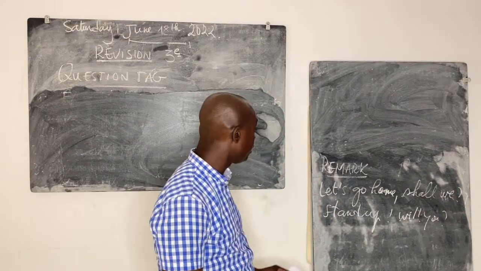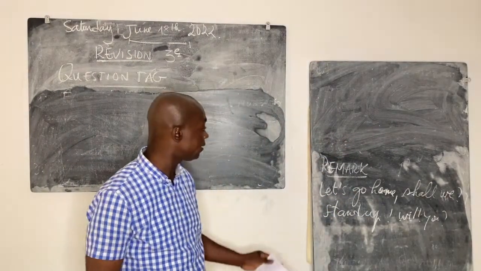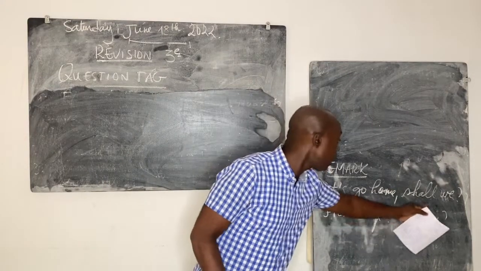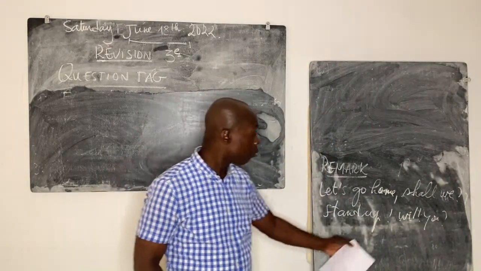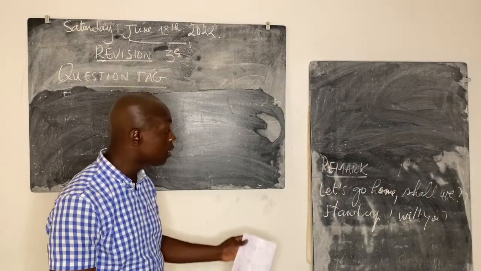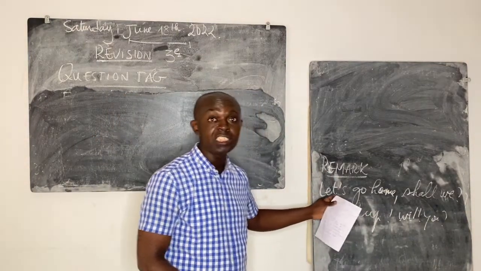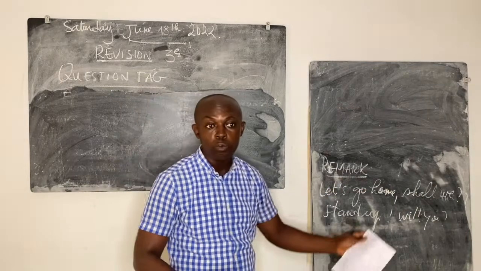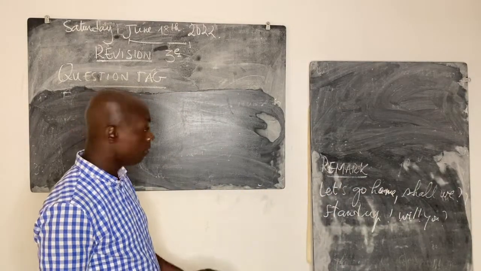So after the remark: let's go home, shall we; stand up, will you; go out, will you. For orders we use will you, for suggestions we use shall we. This is the remark.